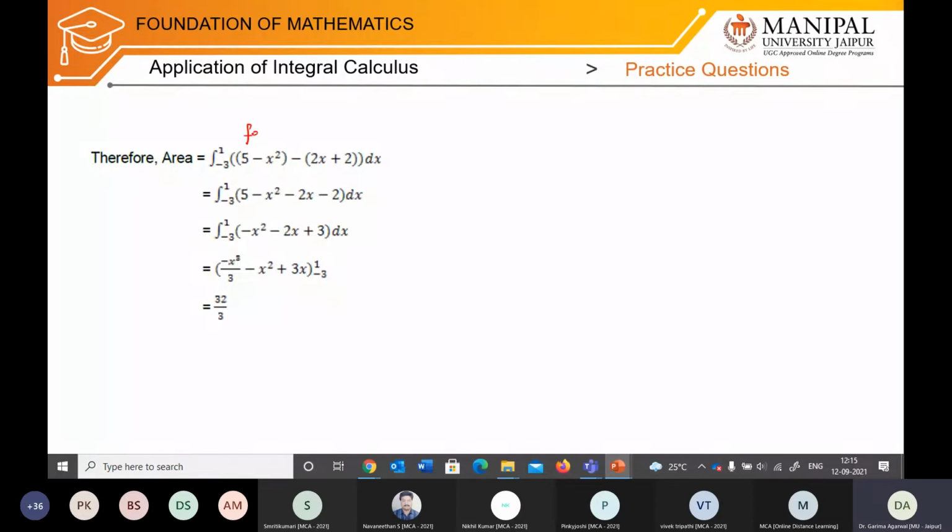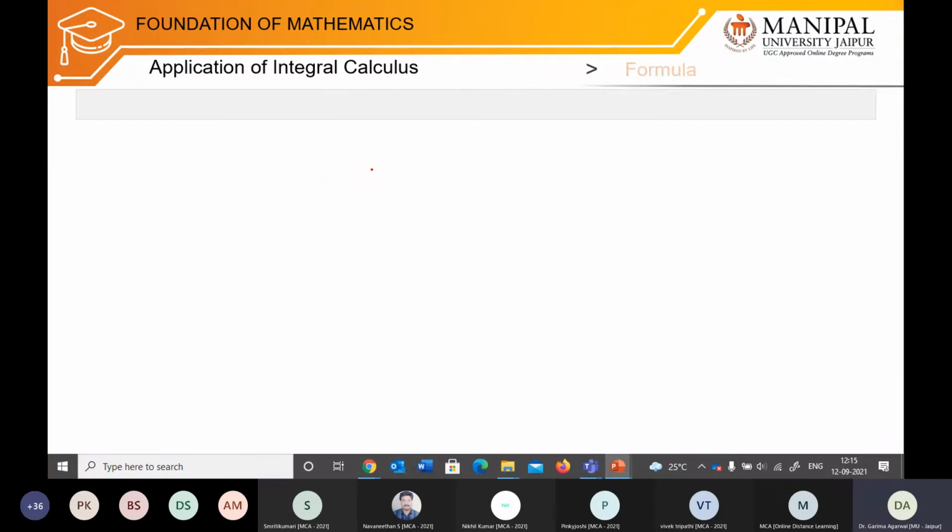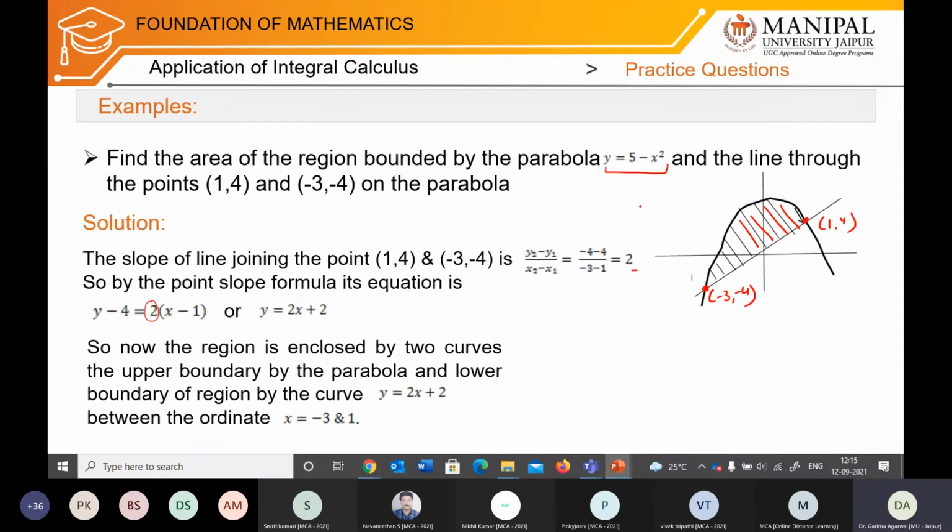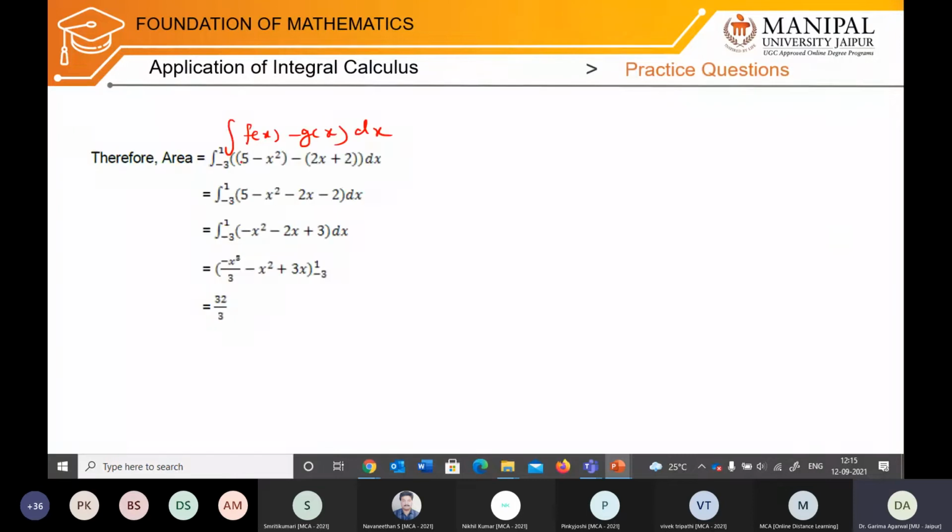So it is f(x) minus g(x). You can consider any curve as f(x) and any curve as g(x), and the limit of x. By this figure you can see that the coordinate of x at this intersection point is minus 3, and at that intersection point the coordinate of x is 1. That means the limit will be minus 3 to 1, right? And after integration we'll get 32 by 3.